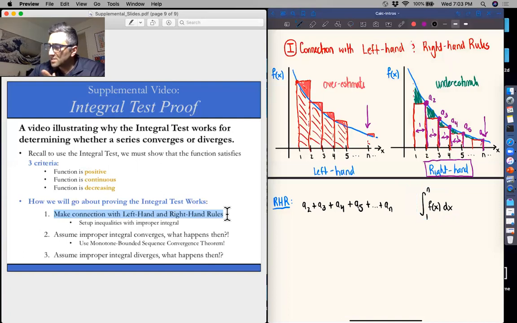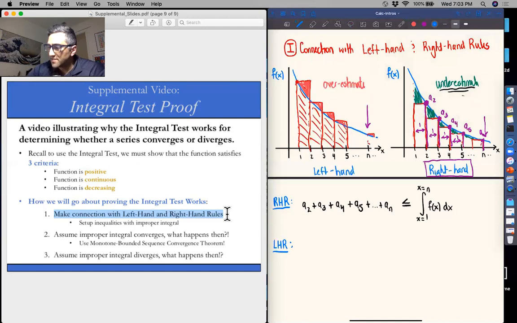And what we recognized before was this was an underestimate of the overall area under that curve. So we can write that the summation from a2 to an is less than or equal to the actual integral of the area under the curve from x equals 1 to x equals whatever n is of our function f of x. And we can do the same exact thing for left-hand rule.